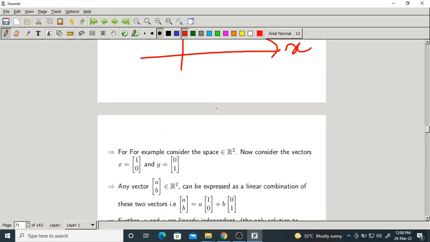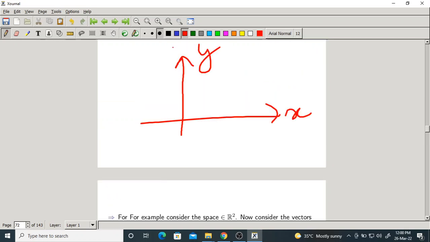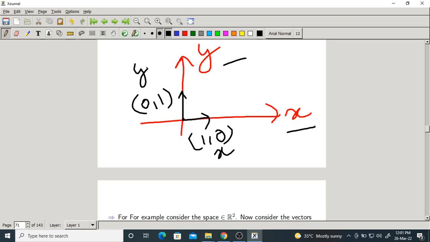Now let me take these two vectors, 1, 0 and 0, 1. They are the unit vectors in the direction of the coordinate axes. This is vector x, this is vector y.